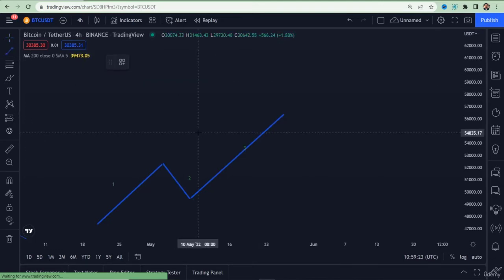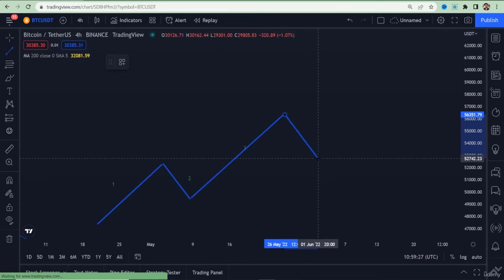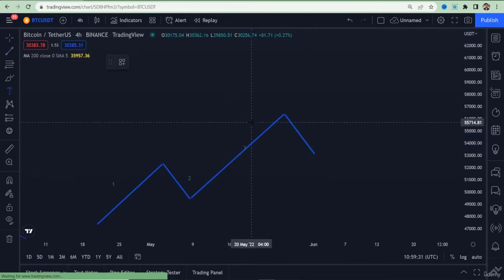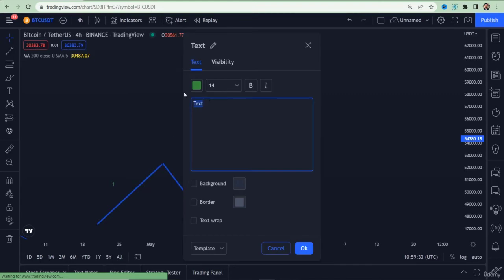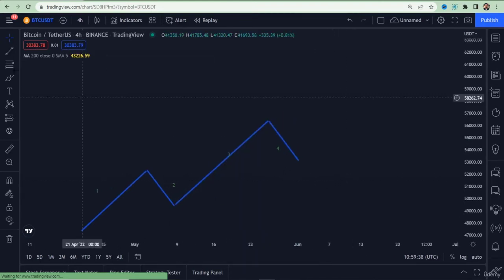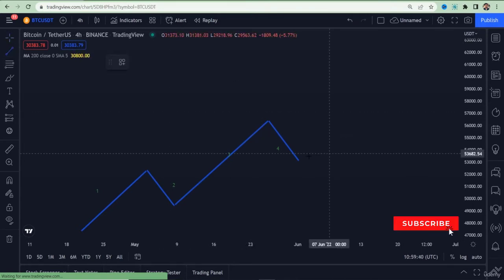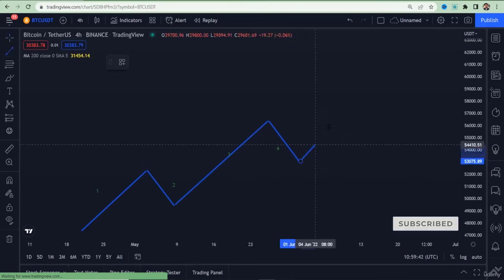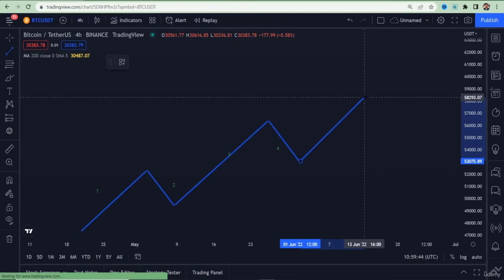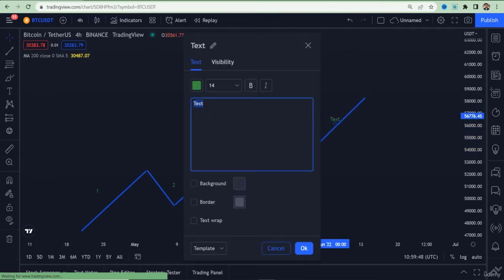Right after the third impulse wave, we will have the fourth corrective wave, and right after the fourth wave, we will have the last impulse wave, number 5. So this is the Elliott wave.